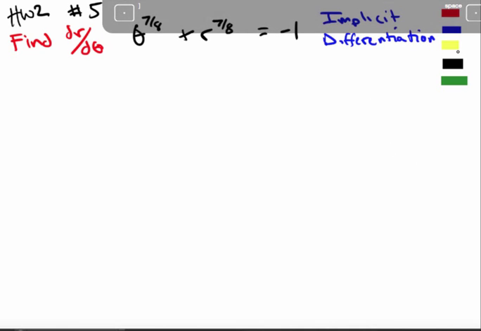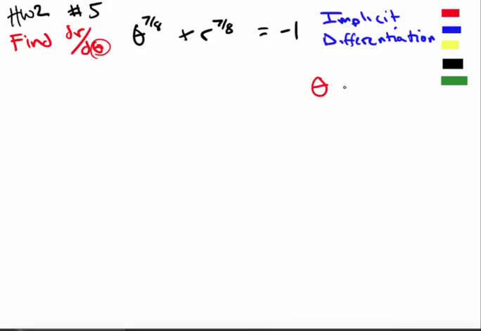And so basically, to make a long story short, with implicit differentiation, since we're differentiating with respect to theta, the derivative of theta will be 1, because according to differentiation rules, the coefficient equals 1.